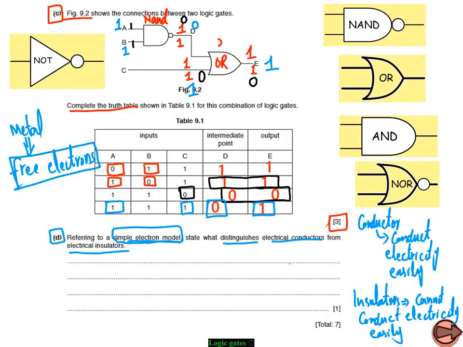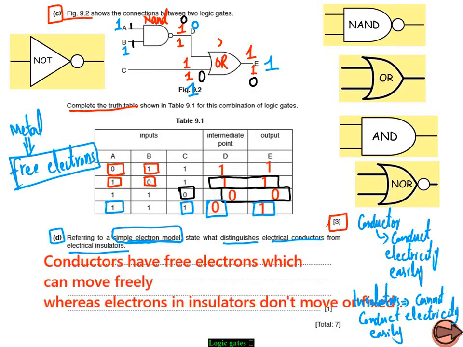So now let's try to answer this one. How can we write a proper answer for part D? This is how we can answer this question. We need to say conductors have free electrons, so the electrons can move freely and they conduct electricity easily.